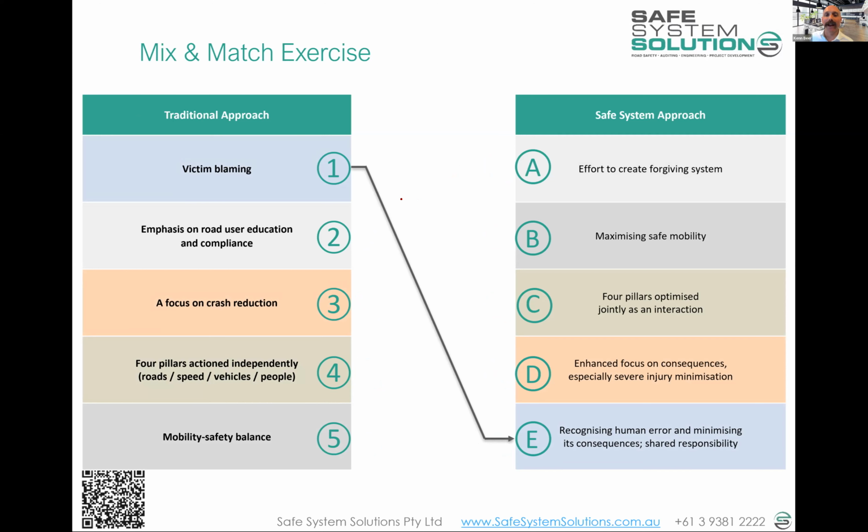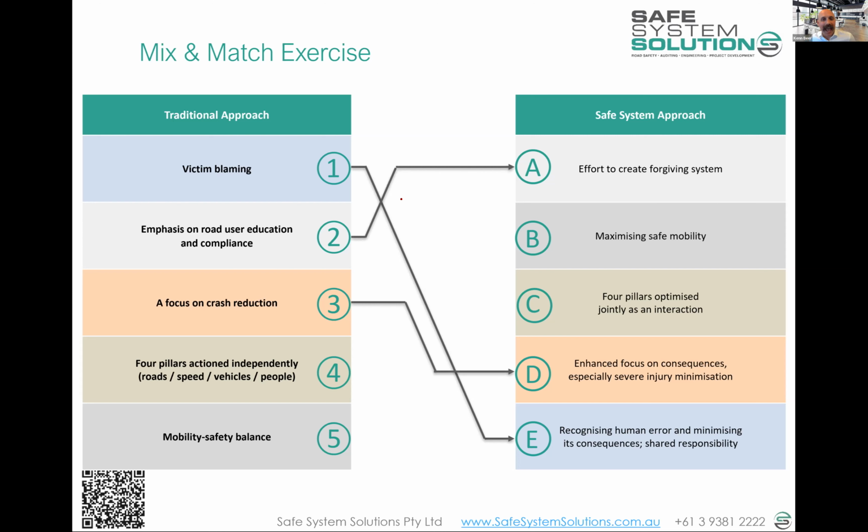Victim blaming, more to that recognizing human error, minimizing its consequence and that shared responsibility. Emphasis on road user education and compliance, really effort now to create that forgiving system. We're not going to ignore road user education and compliance, but more effort now in enhancing that effort in forgiving.